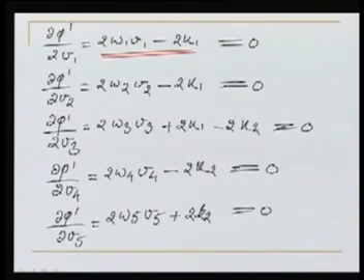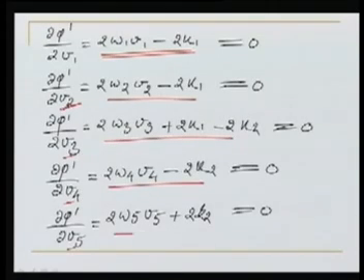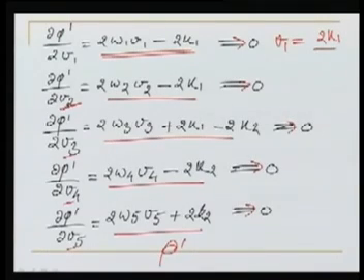Similarly, with respect to V2, V3, V4 and V5, we equate them all to 0, because this is what we need to do in order to minimize phi dash. Once we have equated them to 0, we can find the values of V1, V2, V3 from these. For example, V1 will be 2k1 divided by 2w1, so V1 is 1 by w1 into k1.